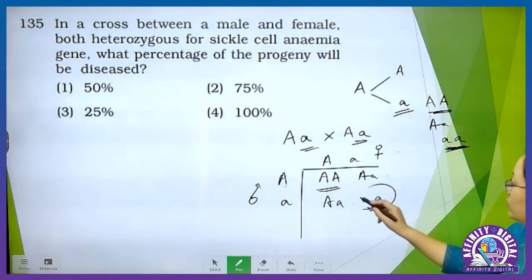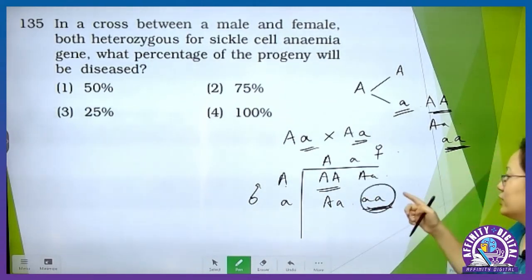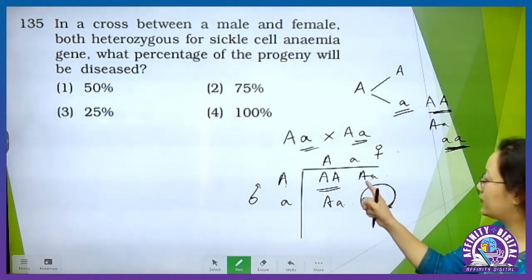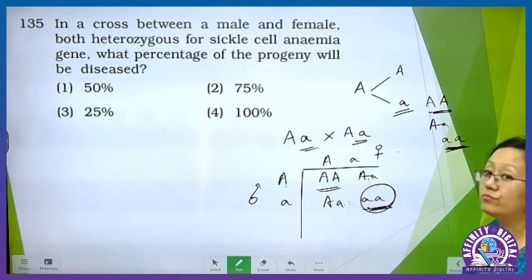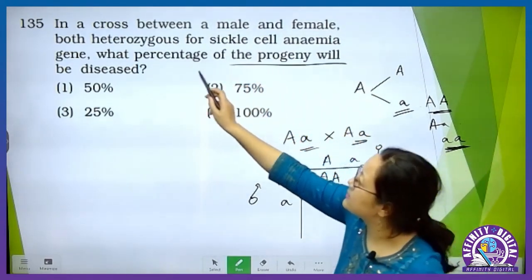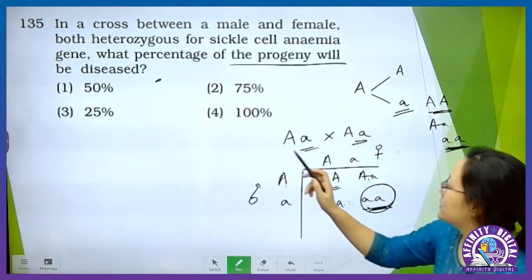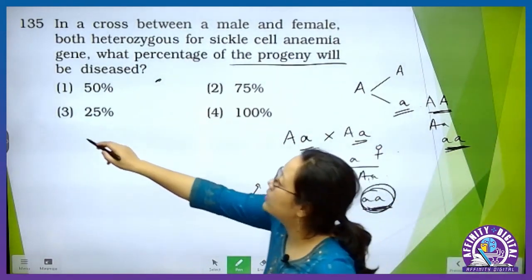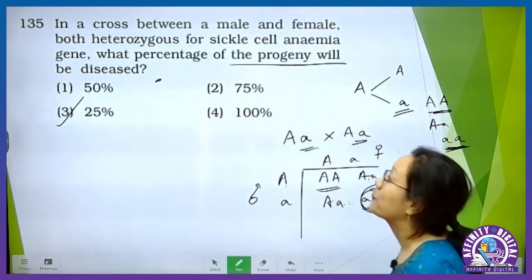So recessive homozygous condition will be a sickle cell anemic patient, and this too will be heterozygous, which is a carrier of sickle cell anemia. Question, what is asked here? Disease. Disease means out of 4, this one will be diseased. That means the answer will be 25.